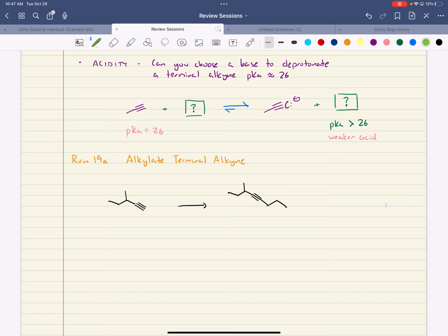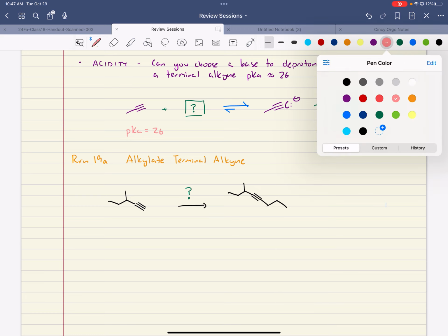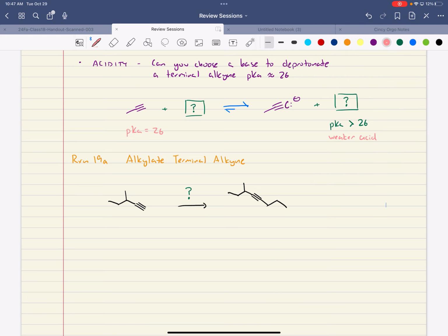And so here I'm going to put a question mark right here. And that's alkylation. We added an alkyl group. When you do your, I call it a disconnect, draw your dotted line through the middle of the bond. So you know which carbons are existing and which carbons you had to add. That was the bond that was made.